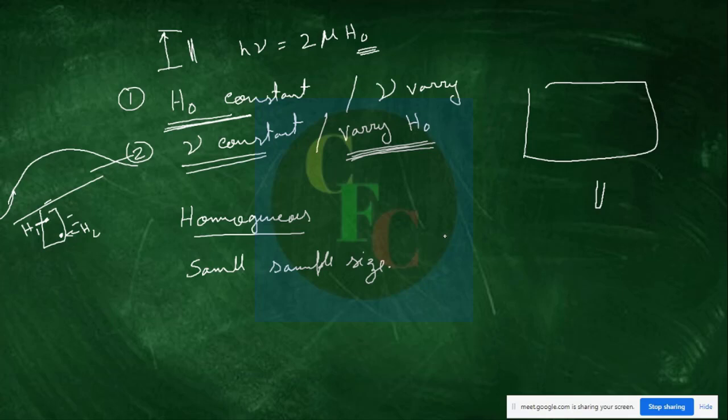NMR tubes are like test tubes. Imagine a test tube to be narrow, with a diameter of say 5 mm, not even 5 mm, 3 mm or 4 mm, like that. Imagine a test tube that thin, right?